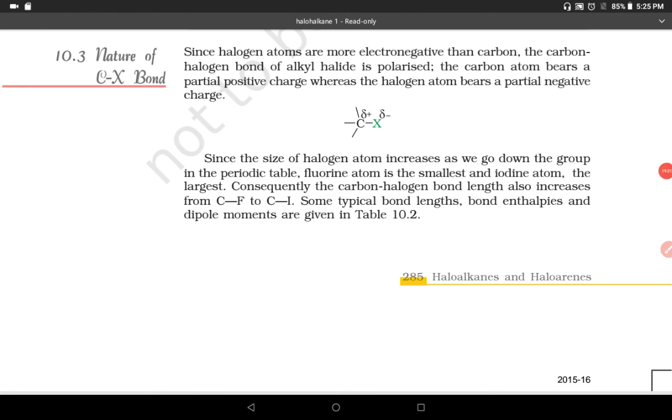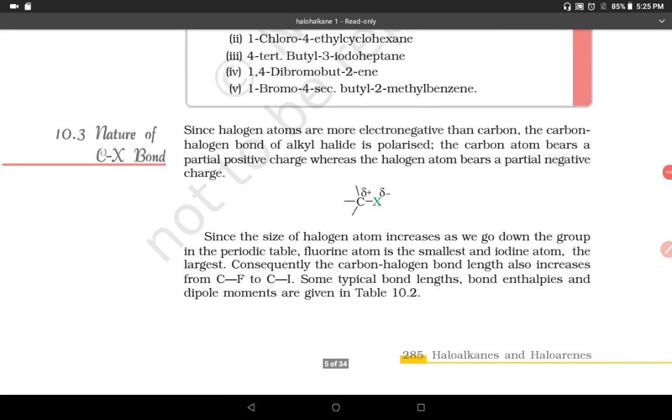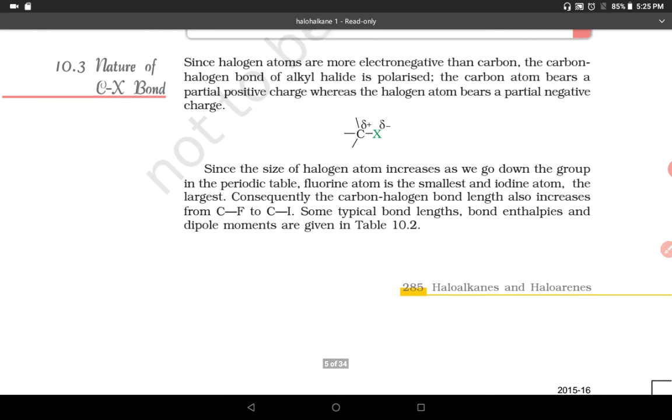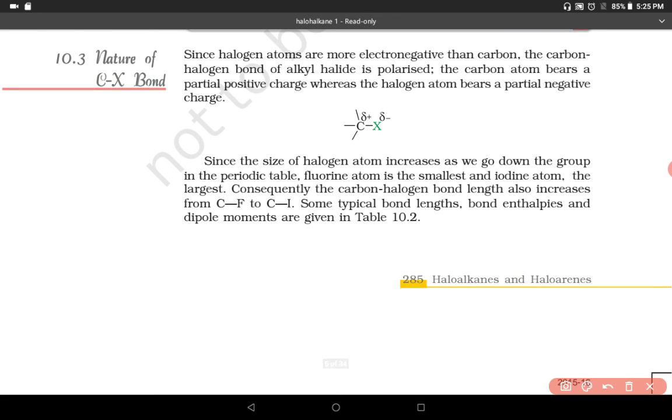Yes, we come to 10.3, that is nature of carbon halogen bond. Since halogen atoms are more electronegative than carbon, the carbon halogen bond of an alkyl halide is polarized. The carbon atom bears a partial positive charge, whereas the halogen atom bears a partial negative charge. The halogen atom is electron seeking.